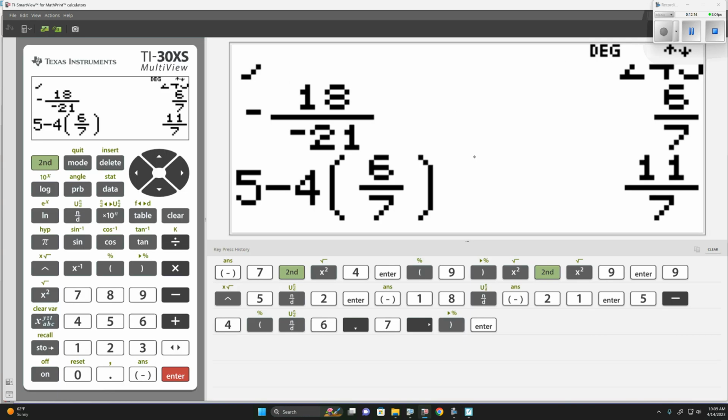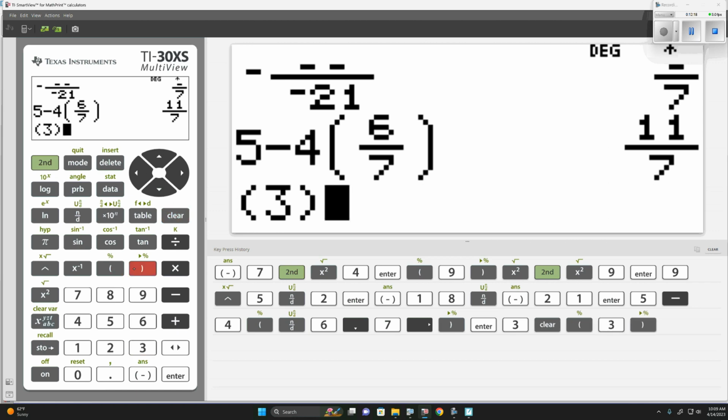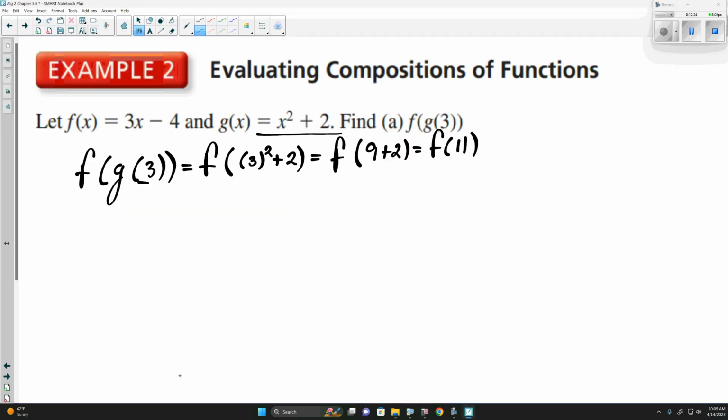In a calculator, I could say 3 squared plus 2 is 11. So we have f of 11. Now we just plug 11 into our other function. So we say 3 times 11 minus 4. This looks a little bit nicer than what we had previously of 3 times 3 squared plus 2 minus 4.